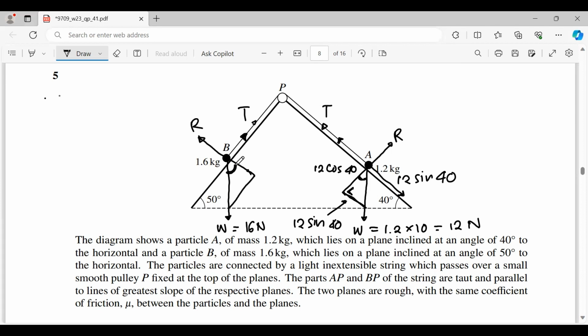And this is 50, so this side is 16 sine 50, and this side is 16 cosine 50. This force as well is 16 sine 50.